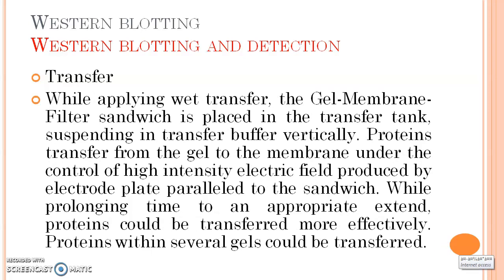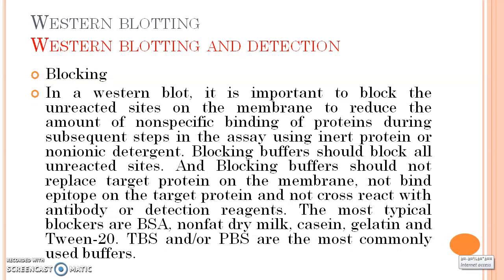While applying wet transfer, the gel membrane filter sandwich is placed in the transfer tank and suspended in transfer buffer vertically. Proteins transfer from the gel to the membrane under the control of a high intensity electric field produced by electrode plates parallel to the sandwich. While prolonging time to an appropriate extent, proteins could be transferred more effectively. Proteins within several gels could be transferred.